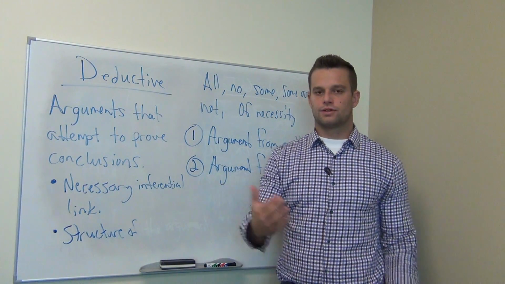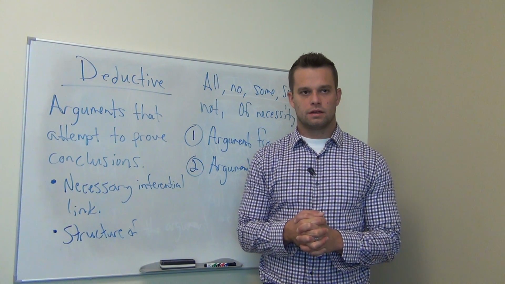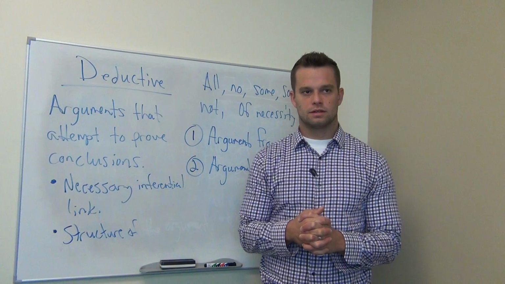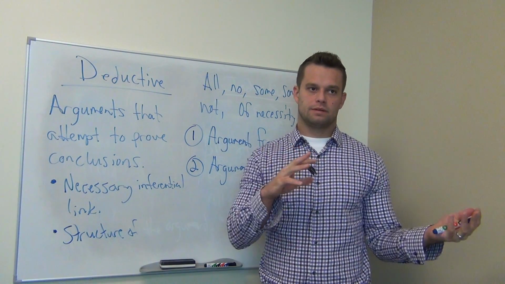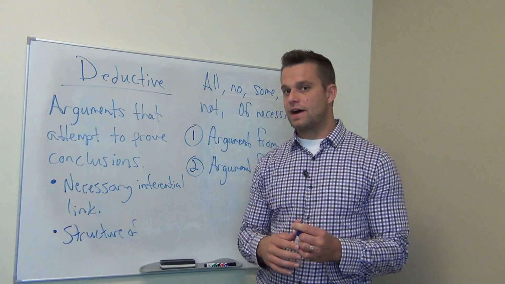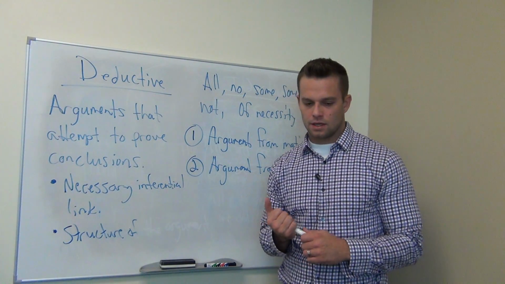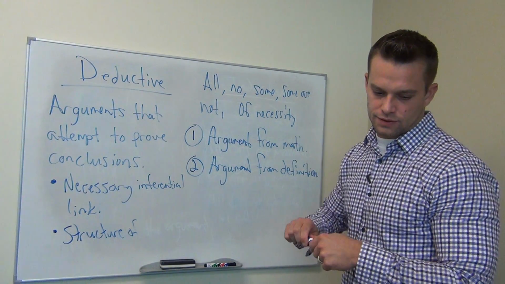So if you are a bachelor, you're an unmarried man. If you are married, then you are not a bachelor. That would not really be an argument from definition, but it would still be a valid form of reasoning. Modus tollens. Okay, so arguments from definitions.